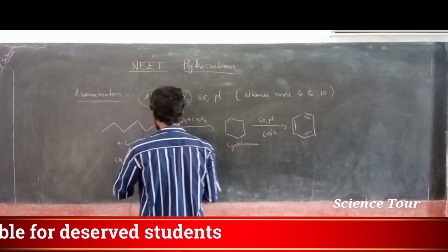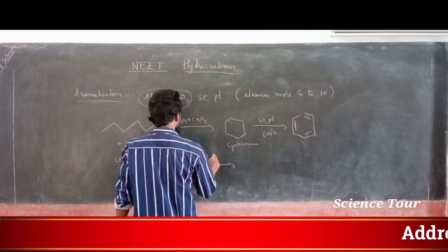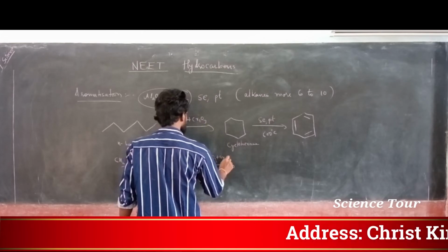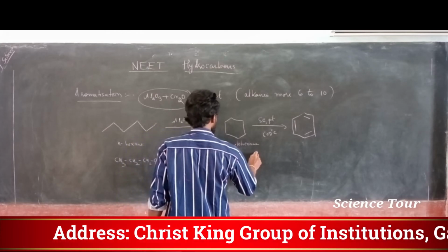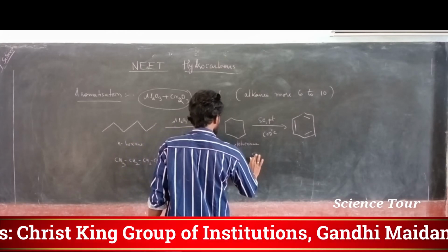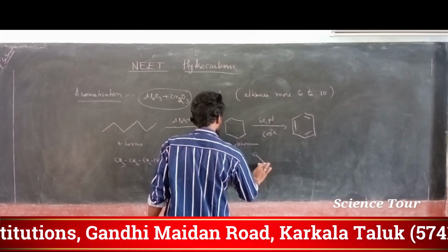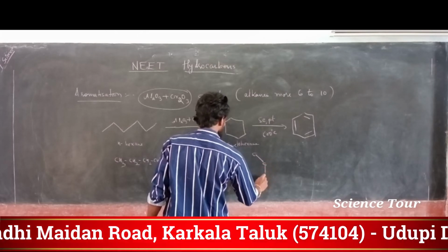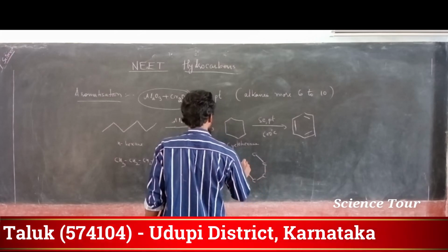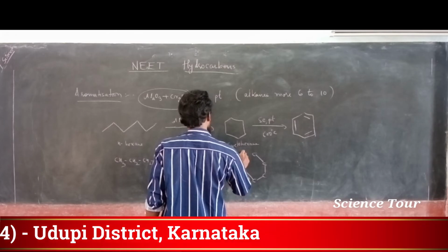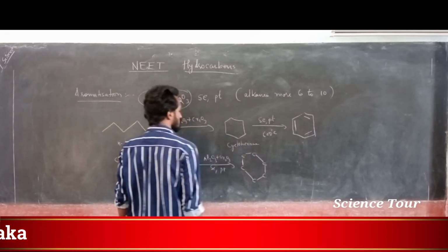So you are converting, drawing like this, and you can write it in one step only, all together, with selenium, platinum, and you get, here imagine CH3, 1 2 3 4 5 6 carbons, correct?